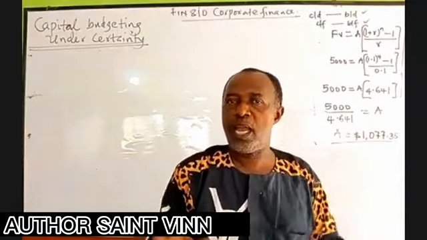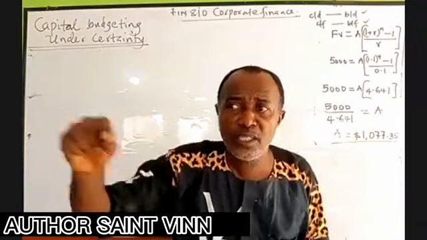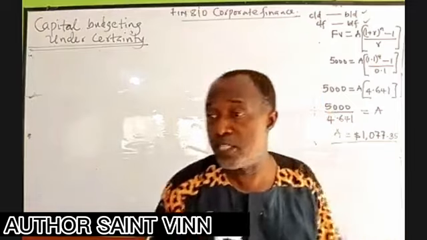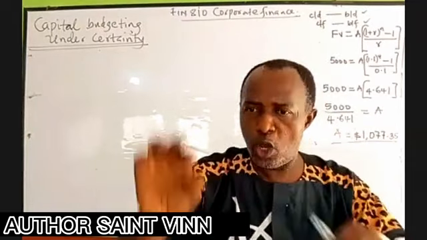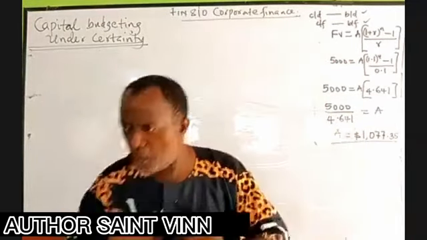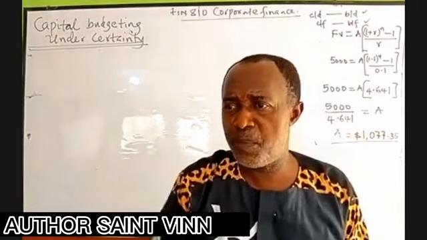Is that okay? Like I said, we have 2 main methods. One is the non-discounted method, the one that does not involve rates, no interest, you can't calculate anything, you just look at it. There's even one they call inspection. In your heart, you say this project is okay. But that's not it. We'll look at the payback period, which is under non-discounted method.